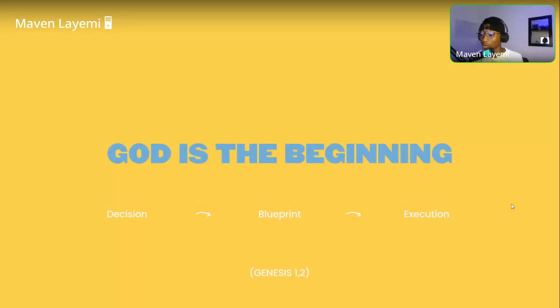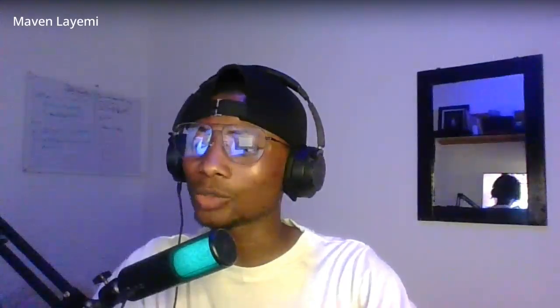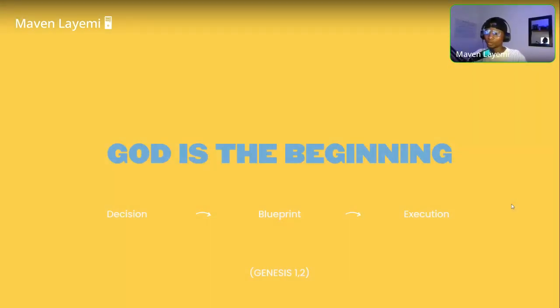Genesis chapter 1 verse 2, where it says that the earth was without form and void, and darkness was on the face of the deep. Then the B part says, and the Spirit of God was hovering over the face of the waters. I want to explain that part to us. It says the Spirit of God was hovering over the face of the water.